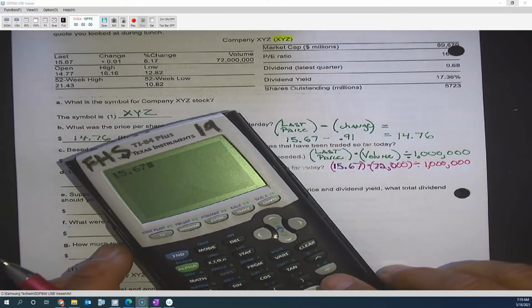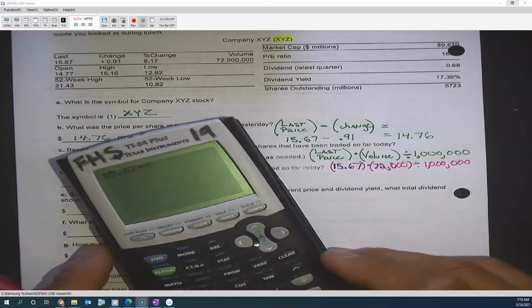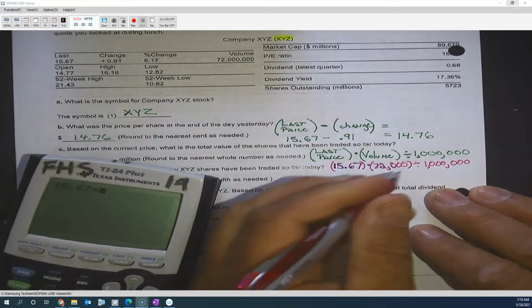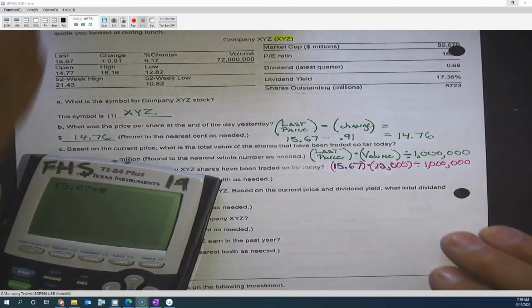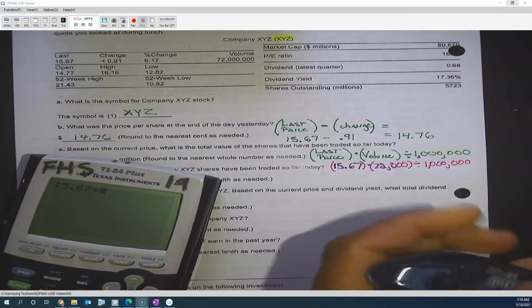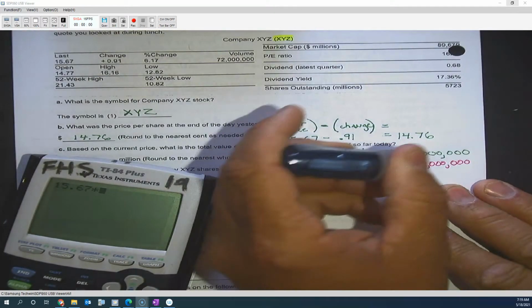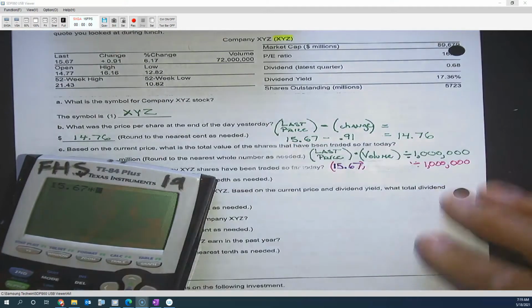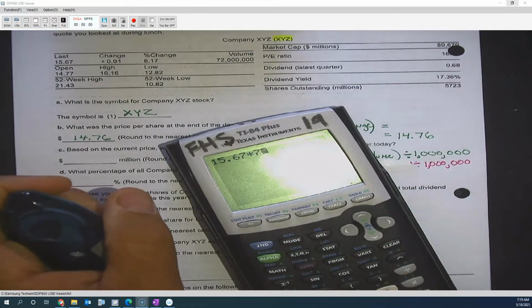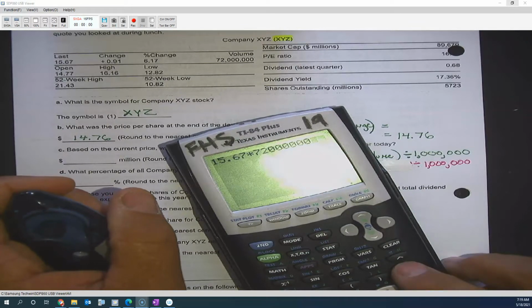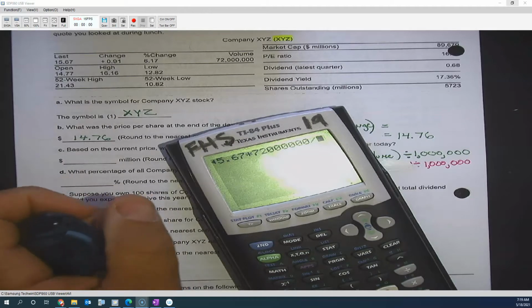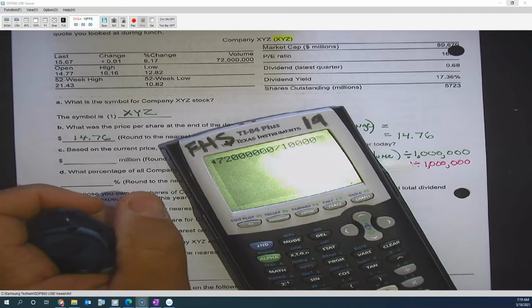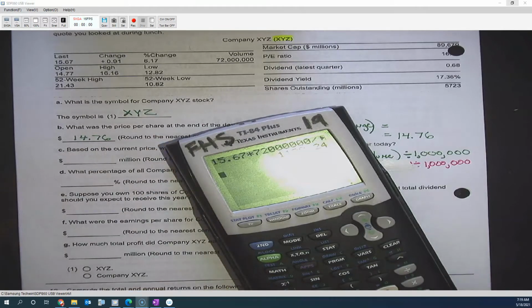67 times, that should be 72 million. I left off some zeros. Okay, times 72, 1, 2, 3, 4, 5, 6, divided by 1 million. 1, 2, 3, 4, 5, 6.